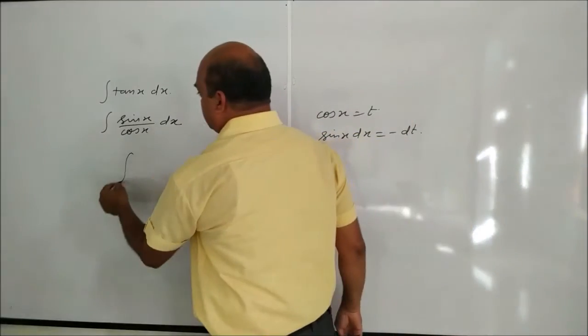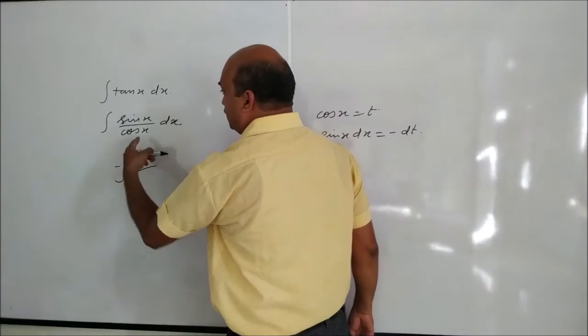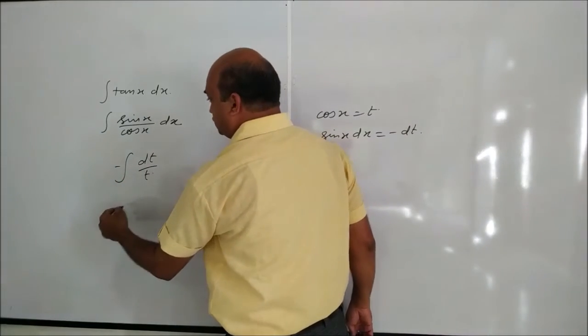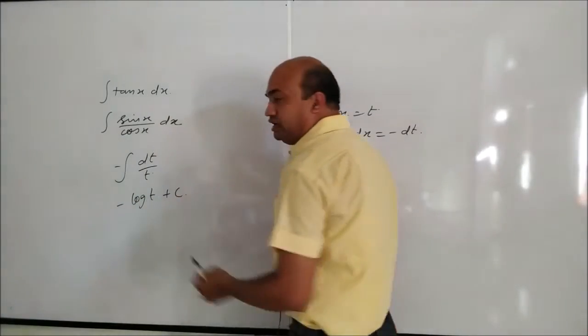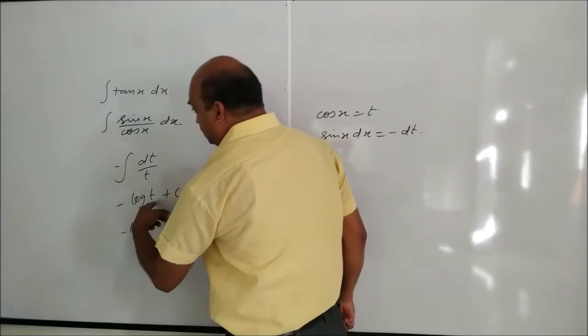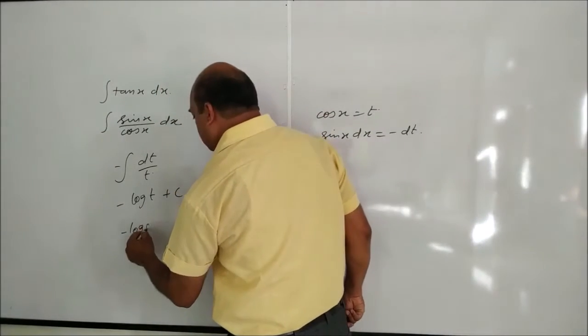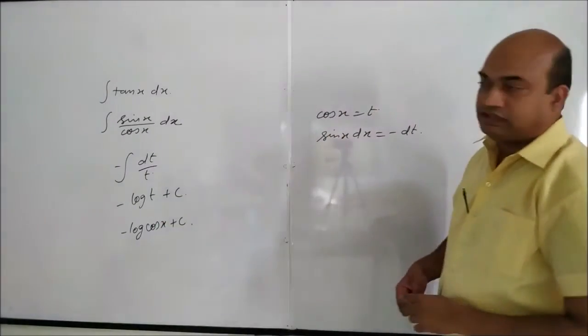So it is integration. This sin x dx will be minus dt and this 1 upon cos x will be 1 upon t and it will be log t and we add a constant c. So minus log the value of t. What is the value of t? T is cos x plus c is the final answer.